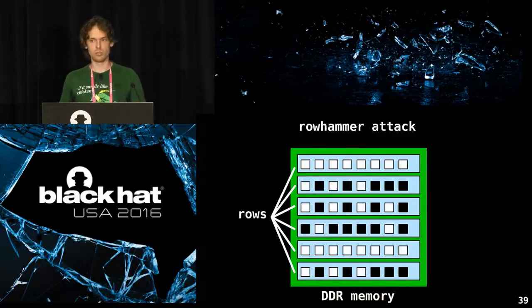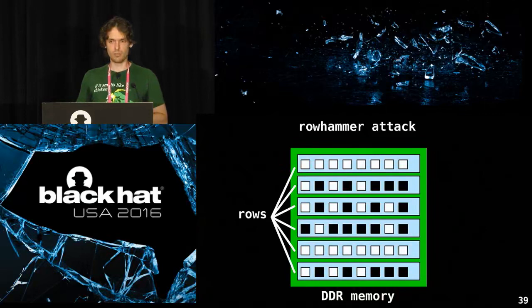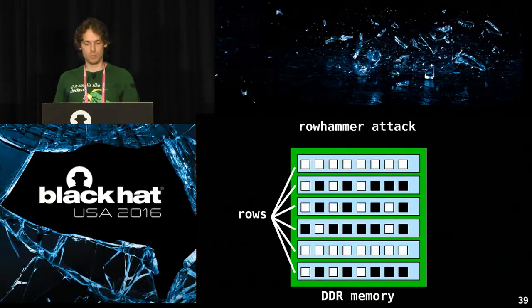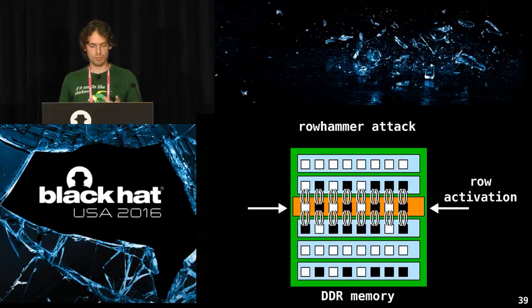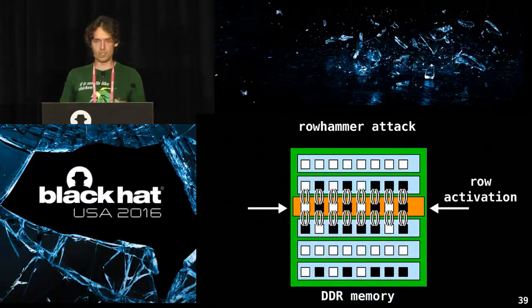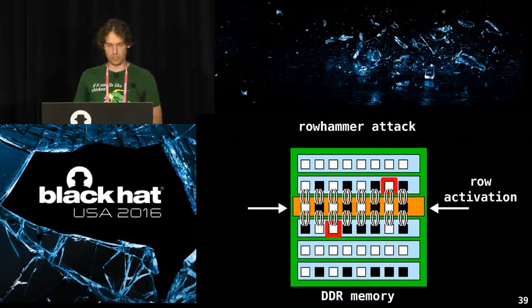So for rowhammer, the observation is that memory is divided in rows, and if you cause the hardware to read a row repeatedly, neighboring rows will leak charge at a higher rate than normal, and if you're lucky as an attacker, bits will flip in neighboring rows.